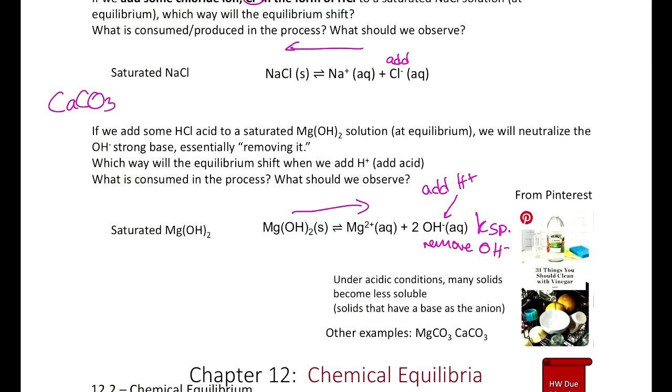The acetic acid, the vinegar, reacts with the calcium carbonate, dissolving it away. That's how you're able to dissolve the eggshell away while keeping that weird membrane intact. So that's exactly what you're seeing: some solids become more soluble in acidic conditions. That's why a lot of toilet bowl cleaners are just strong acids. You look at the ingredients, and it's just a strong acid.